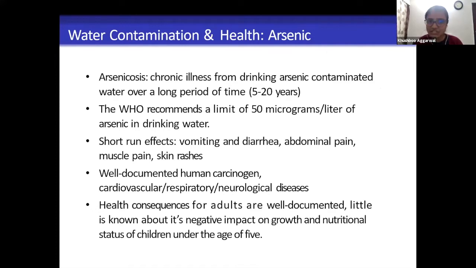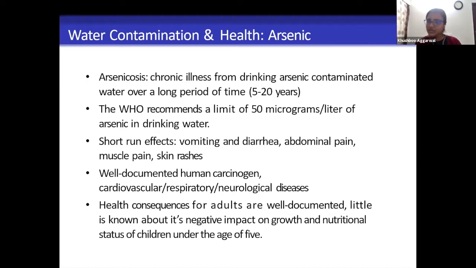A region has arsenic beyond the threshold limit when it exceeds 50 micrograms per liter. This limit has been given by the World Health Organization. When a region has arsenic beyond the threshold limit, people consuming such contaminated water have severe health implications.